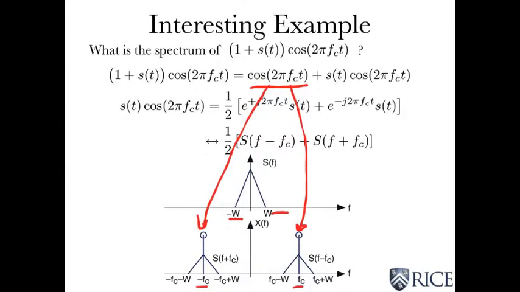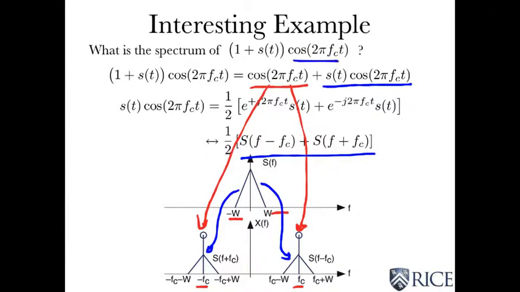For the non-periodic part, that's this, that's why you get this thing delayed and advanced in frequency, and the two add up. So once you multiply by the cosine, you shift it up so the spectrum of the original signal now gets centered at f sub c.